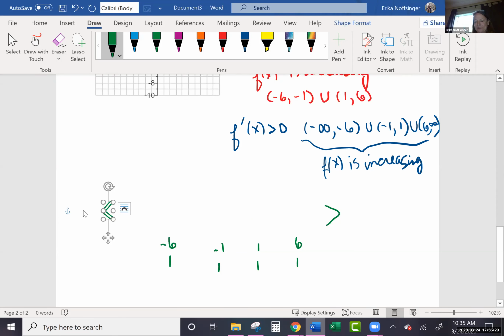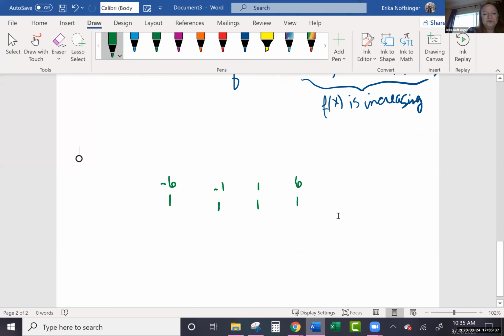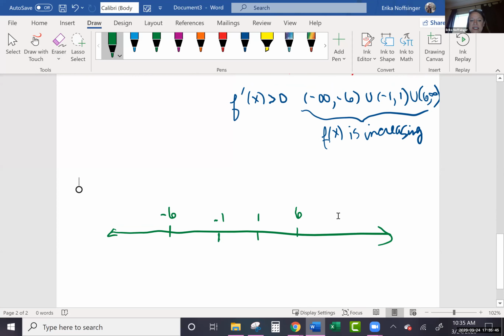There's our number line. We saw by looking at the graph of the derivative that it was increasing from -infinity to -6, so we know it's going up.